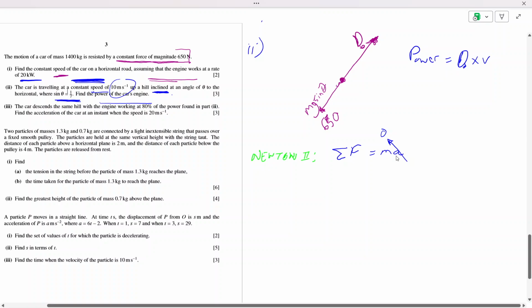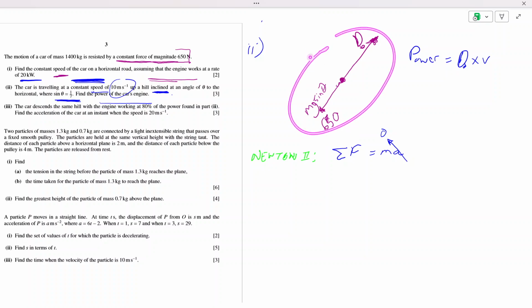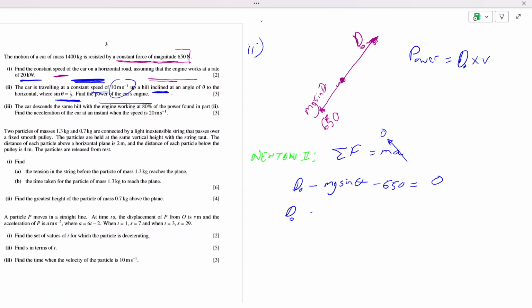Then I'm going to apply that to our scenario here. So I have D acting up minus the opposing forces, mg sine theta and 650, all of it is equal to 0, since the acceleration is 0. Thus, D naught is equal to mg sine theta plus 650, right?